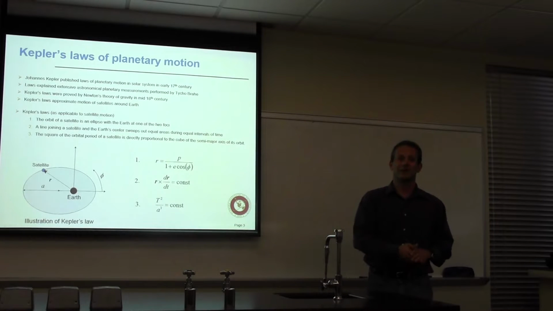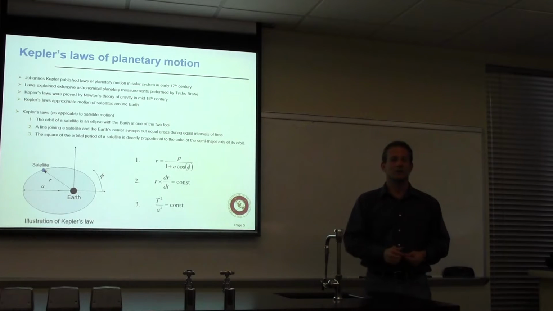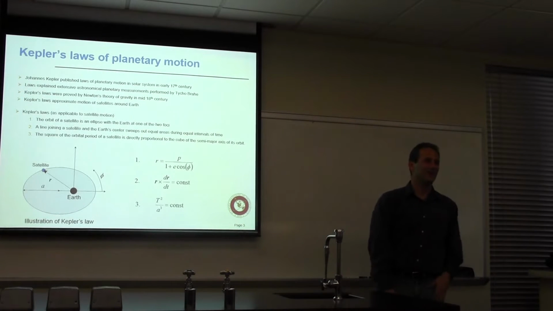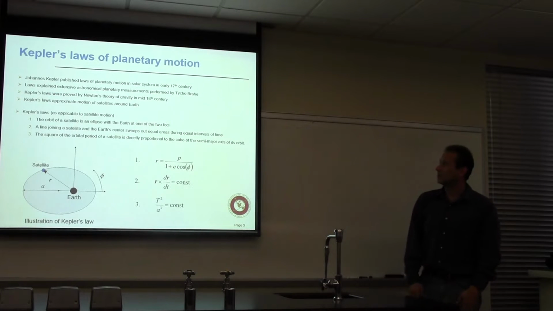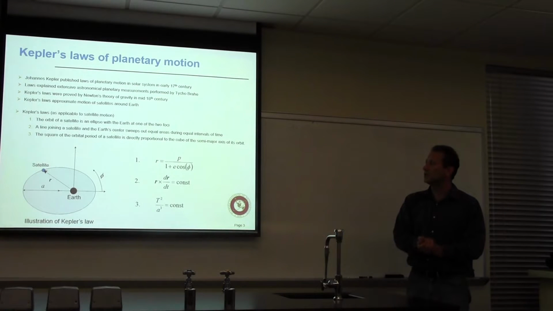That all came later. Newton tried to explain the physics behind these equations, and to do that he had to invent calculus, and he had to discover gravity, and did all these remarkable things just to properly explain what was formulated by Kepler. As I said, these laws were originally used to describe motions of the planets around the sun, but it's the same kind of problem as we have when we look at a satellite in orbit around the Earth.